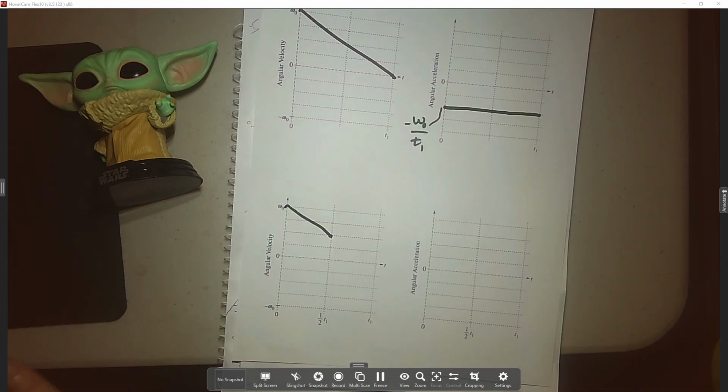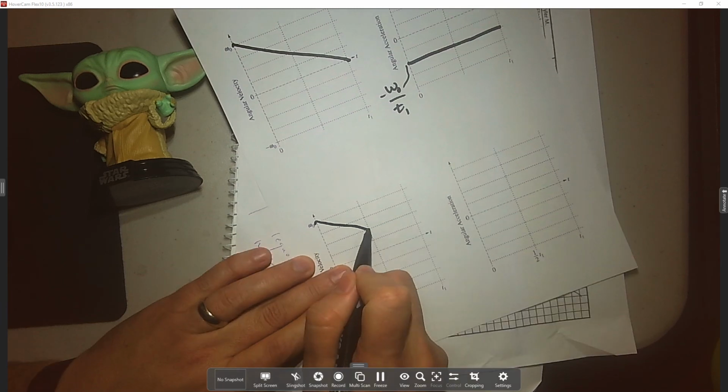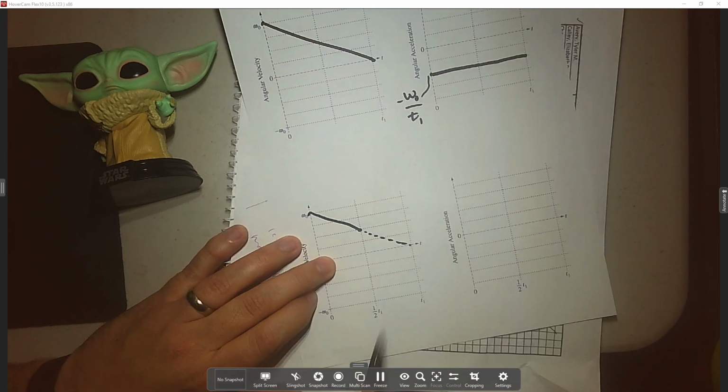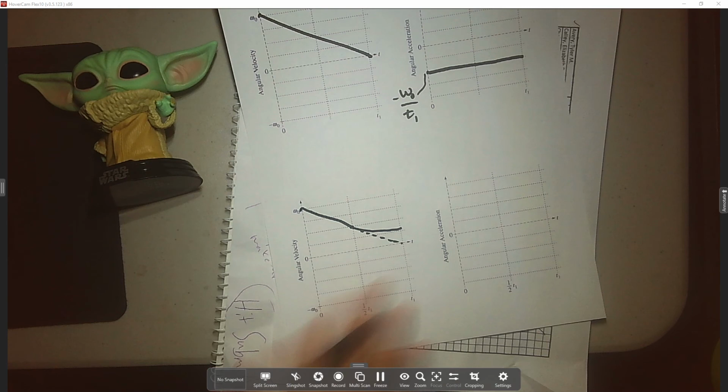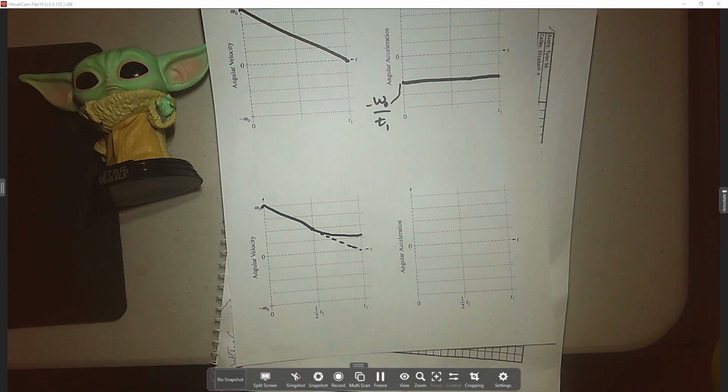But now they start adding oil onto it. So I'm just going to put a little dashed line to show what it would have done. Now instead of slowing down, it kind of curves up here because of the oil. Because of the oil, it doesn't come to a stop. It keeps spinning.